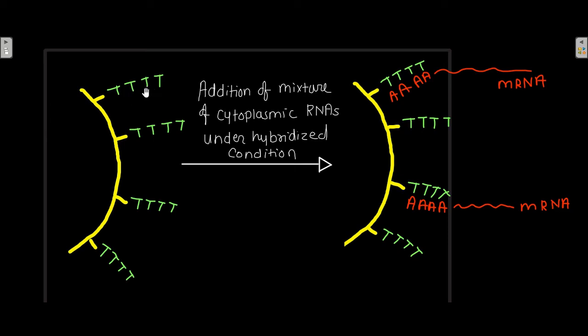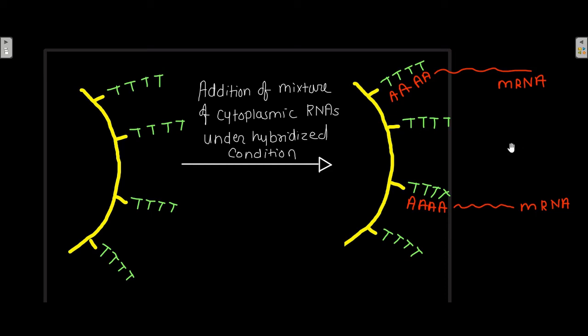This support matrix has these dT short chains, and to it you add the mixture of cytoplasmic RNAs under hybridizing conditions. Now the mRNA has a poly A tail, and there is this T tail attached to the matrix, and that is the reason why the T tail will bind the A tail of the mRNA, and all the other RNAs will be washed out.